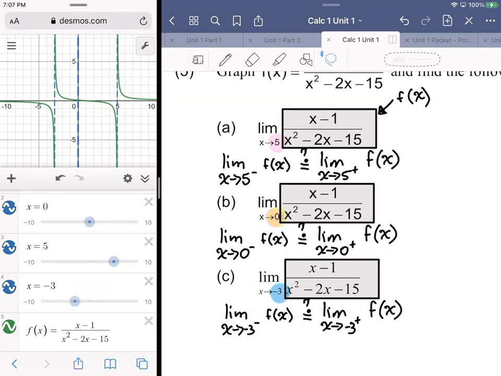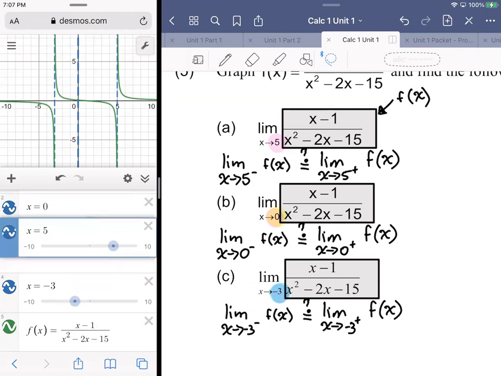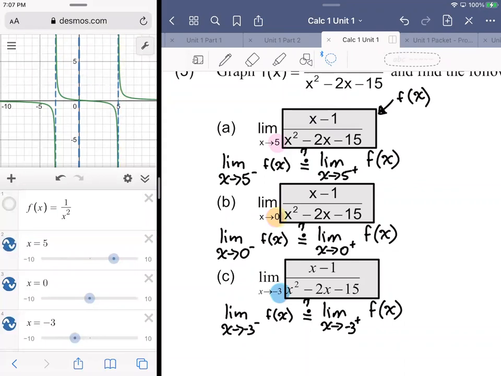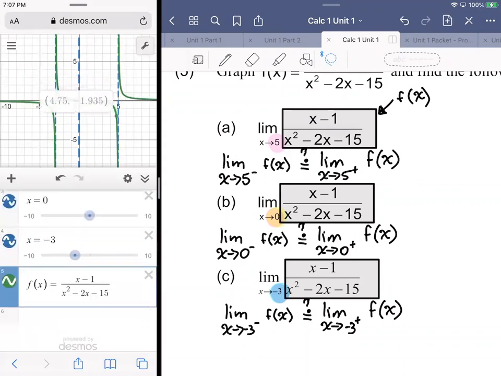So we'll do it one at a time. So we're focusing on the x value of 5 first. All right, so that's over here. That's in this neighborhood. So from the left of that location and from the right of that location, that's what we're interested in. We don't have to worry about all this other part of the graph. It's just the points that immediately surround the limiting constant of 5 in this case.